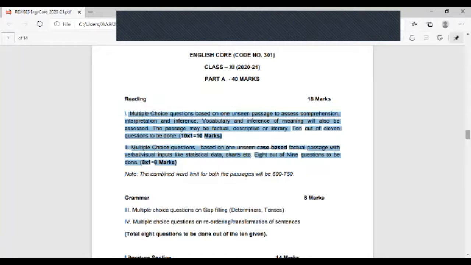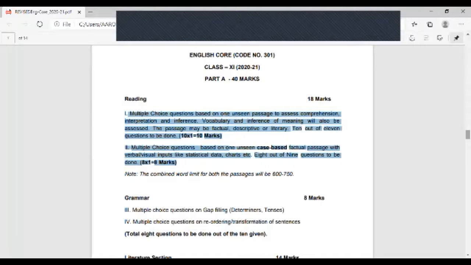Moving ahead, you will come to the grammar segment. Children, you know that as per the revised curriculum, you have to be confident about the use of determiners, tenses, etc. So there are multiple choice questions from the grammar side for 4 marks. Total grammar is 8 marks. Both Roman letter 3 and 4 combined will be 8 marks.